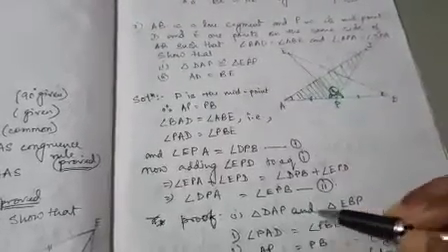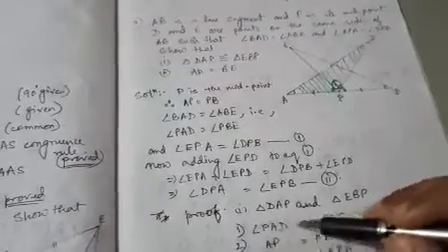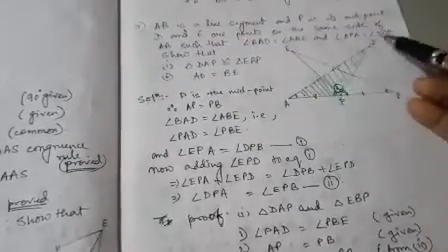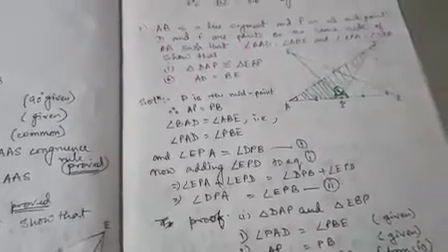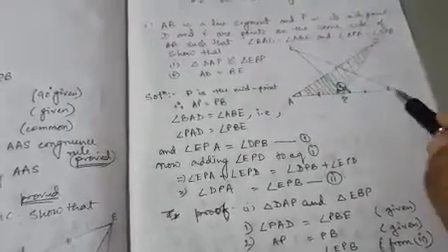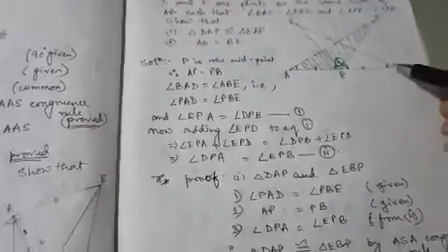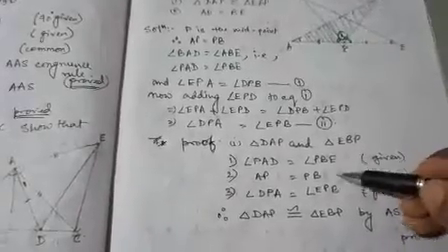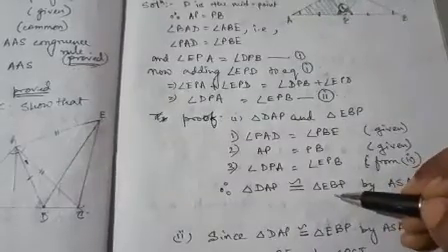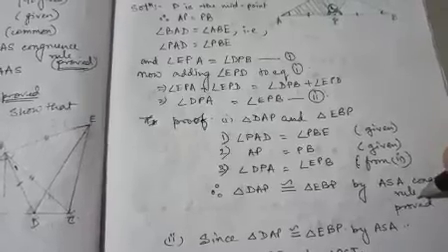So DAP and EPB, we are considering these two triangles. The first one is PAD is equal to PBE. Second is AP is equal to PB. And the third one is DPA is equal to EPB. So the three requirements for congruency are proved. Therefore, triangle DAP is congruent to triangle EPB by the angle side angle congruency rule.